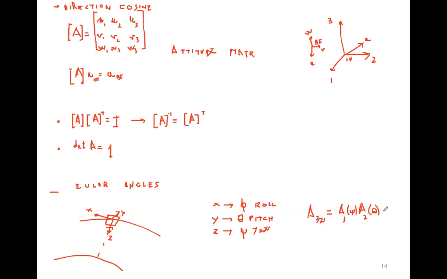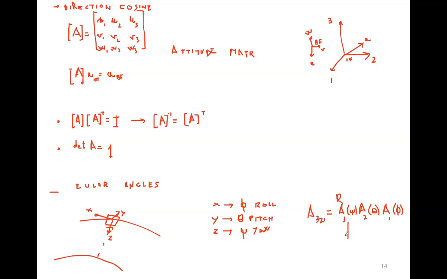And you have A1, which is the matrix of the roll angle. As you know, these matrices are indeed rotation matrices. I wrote A, but in principle they are rotation matrices.